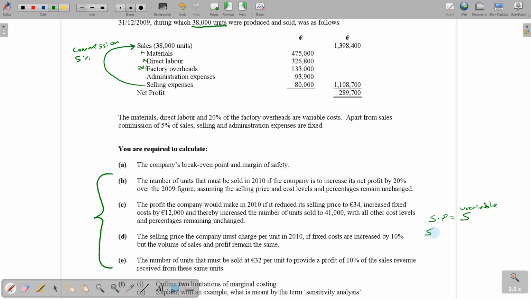That means that sales commission will also have a variable of S, but we know that it's 5% of selling price. The fixed costs are increased by 10%, but the volume of sales and profit remain the same. So we still have 38,000 units. And profit will remain the same, so 289,700. Fixed costs will increase by 10%.